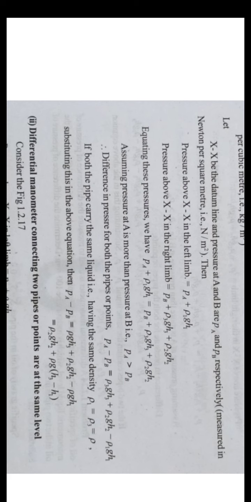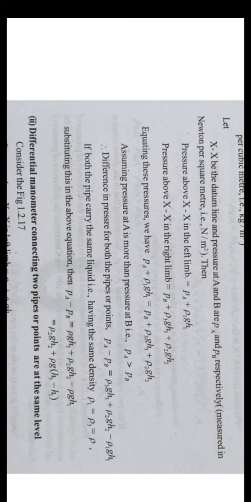Here, if we have the same liquid in both the pipes, then the density will be equal. That is, rho 1 is equal to rho 3 is equal to rho. Substituting this in the above equation, PA minus PB is equal to rho GH3 plus rho 2 GH2 minus rho GH1.